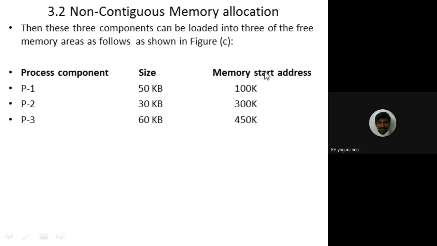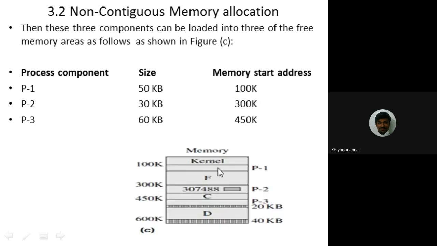Why? Because the address space starting at 100k has a size of 50 kb only, and the address starting at 300k has a size of 30 kb only, whereas the next address, 450k, has a size of 80 kb, so we can use 60 kb from this. So we can give 140 kb of memory area to a single process by dividing it into 3 components.